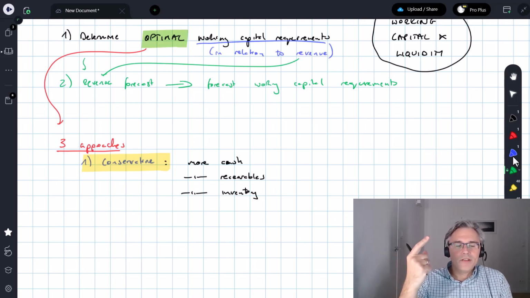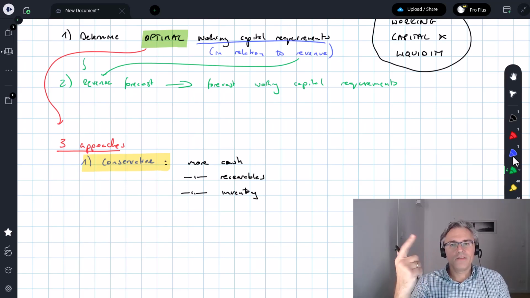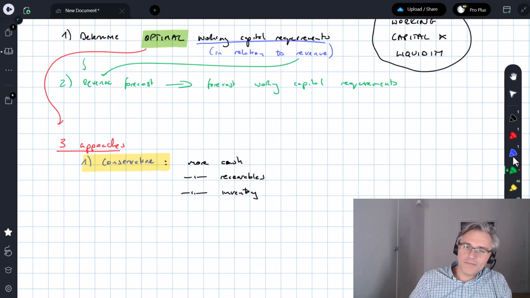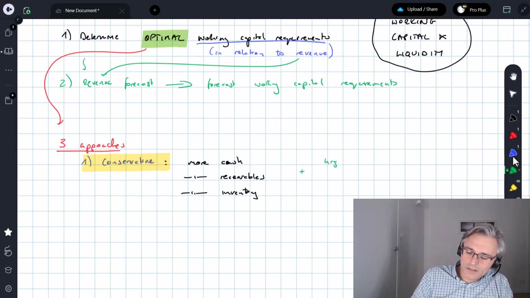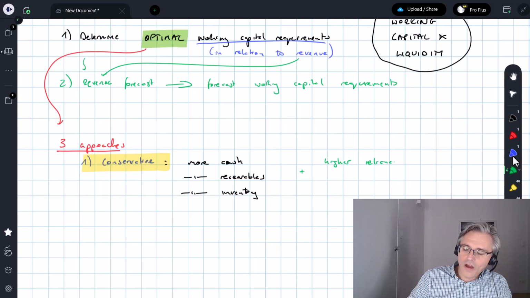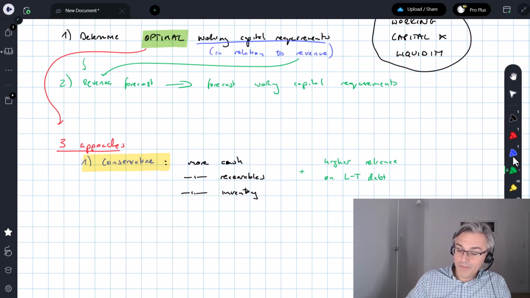Whereas normally with working capital management, you would typically finance this using short-term debt, including trade payables, here this is combined with a higher reliance on long-term debt, so not short-term, but also equity funding.